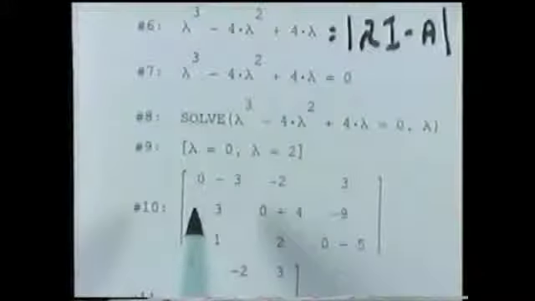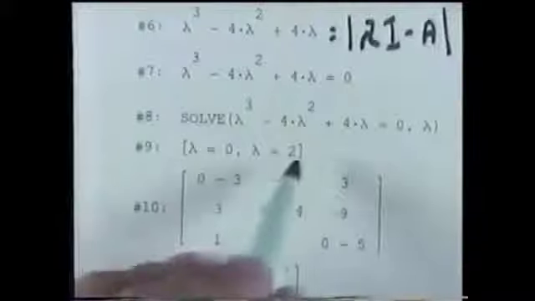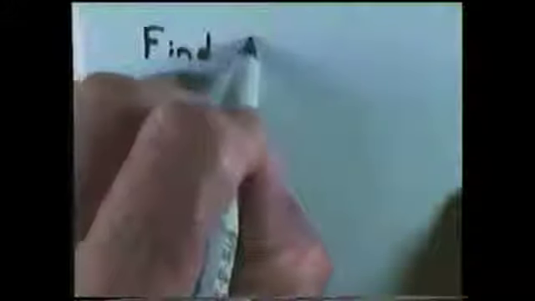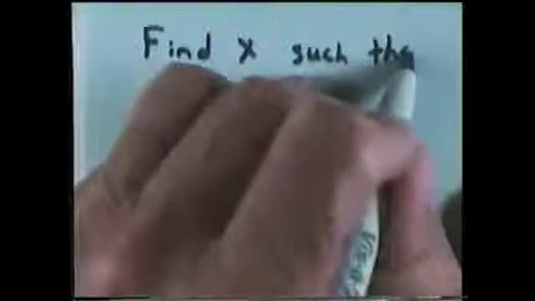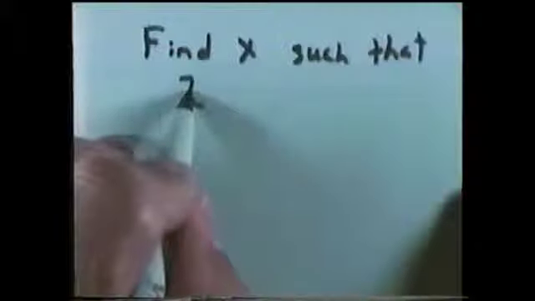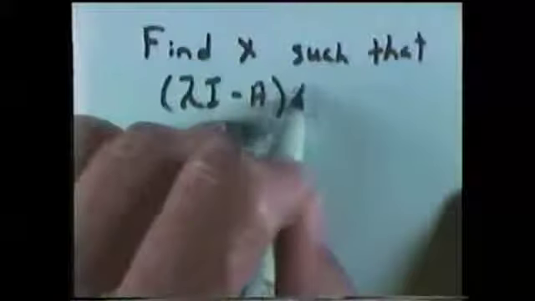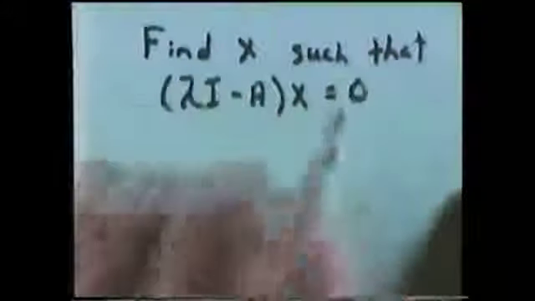So the problem said find the eigenvalues and the eigenvectors. So here are the eigenvalues. Now we want to get the eigenvectors. For the eigenvectors, we want to find x such that lambda I minus A times x is equal to 0.